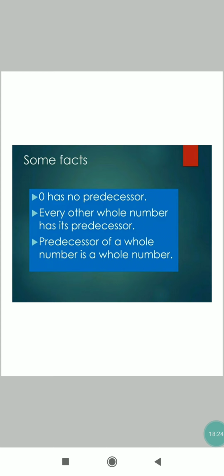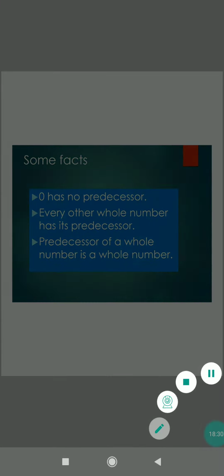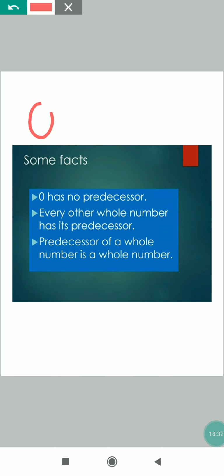Every other whole number has its predecessor. Why does it keep saying whole number? Because, student, whole numbers start from 0. When we start writing the numbers from 0, like 0, 1, 2, 3, then the first number you write is 0, and that counting is considered whole number counting.